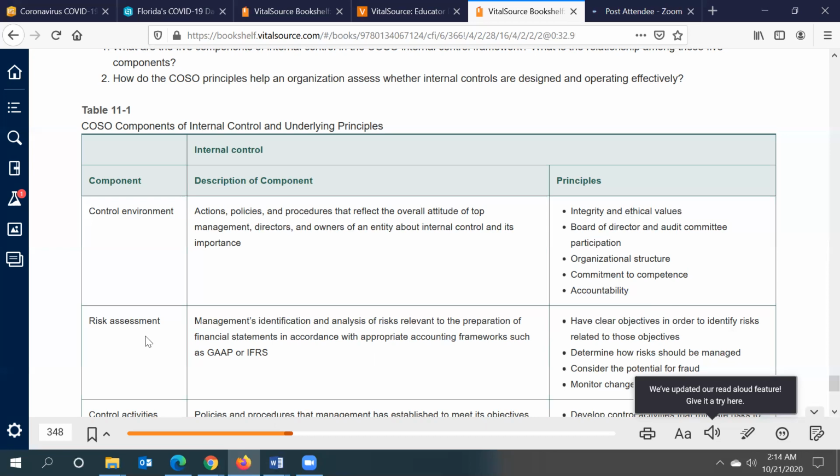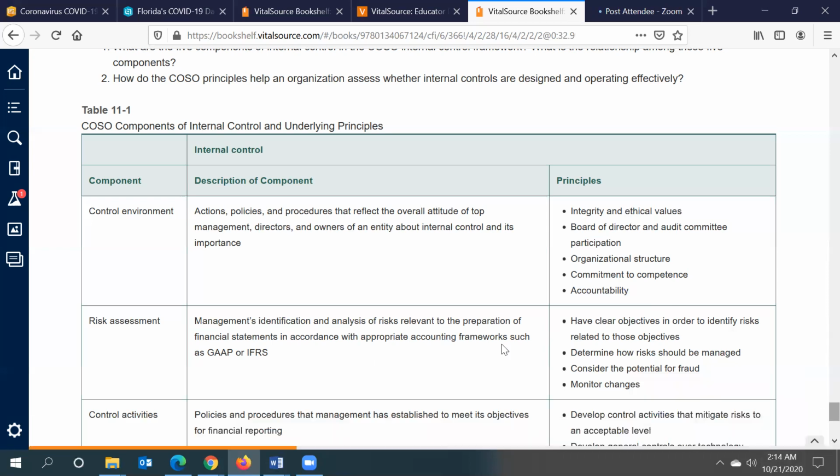Now, the second component is the risk assessment, which management needs to do on an ongoing basis so that they address any risks which face the organization. Looking at a description of that, it is management's identification and analysis of risks relevant to preparation of financial statements in accordance with appropriate accounting frameworks such as GAAP or IFRS, standing for International Financial Reporting Standards.